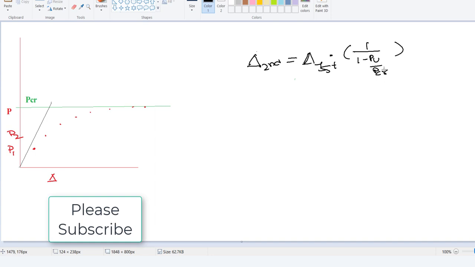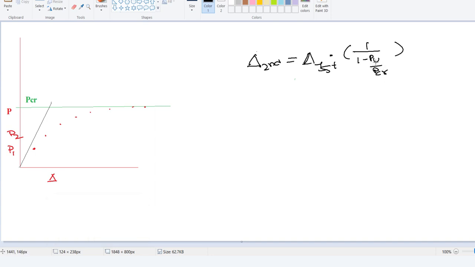Okay, and if you have the Pu load having a value of 0, means you are not applying any load here, your first order value and the second order value are very close to each other. Not 0 exactly. If you take any value very close to 0, or somewhere like here, means when we have put a very minuscule amount of applied load, these values are very close to each other.